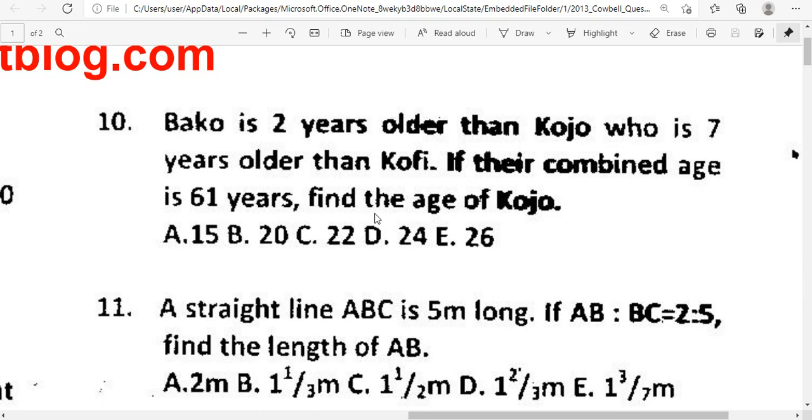Do you understand? If Kofi is 8 years, Kojo will be 7 plus 8 years, because Kojo is 7 years older than Kofi. 7 plus 8 is 15. Do you understand that? Yes, sir.